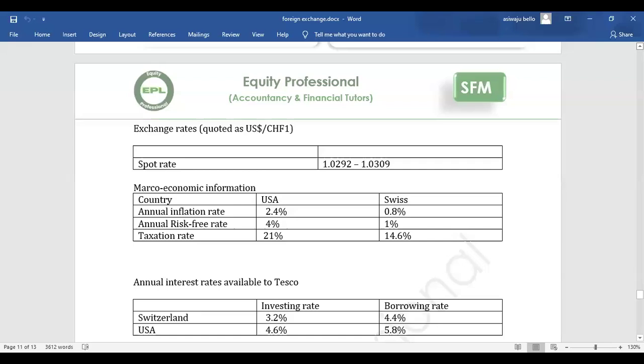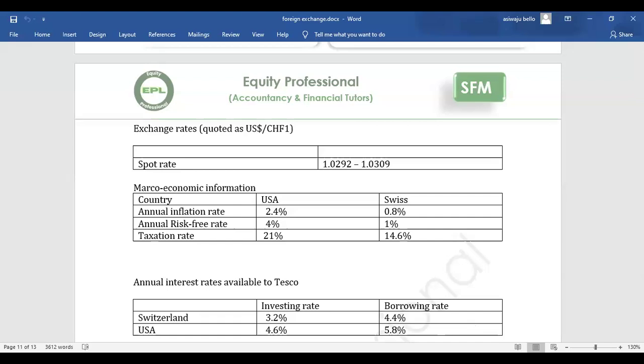What happens in the exam if the examiner wants you to hedge using forward contracts and you are not given the forward rates? How do you go about estimating the forward rates? All right, enough of explanation.